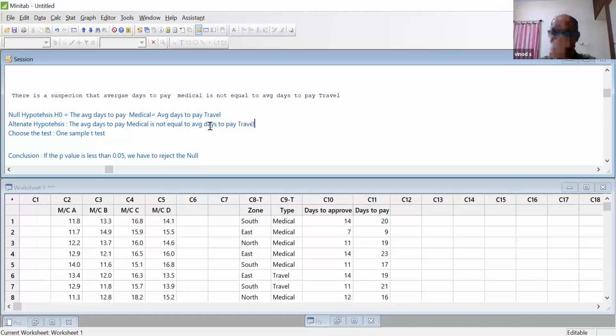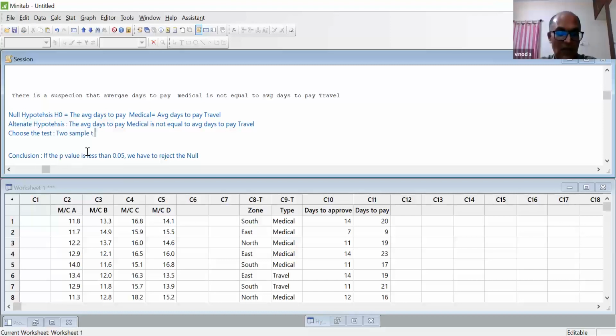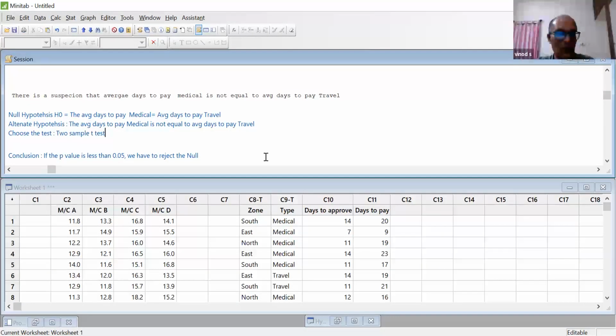Okay. Now what is the next step? Choose the test. You have to choose the test. Two sample T test. Now everything is okay. Now what do I have to do? I have to compare these two with reference to days to pay. So let us see what you can do.